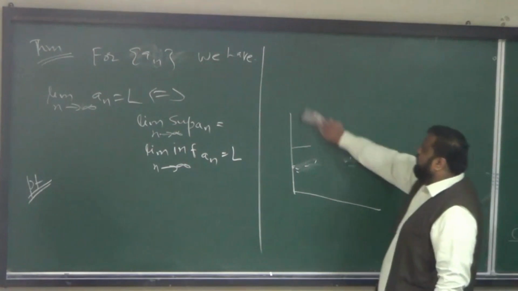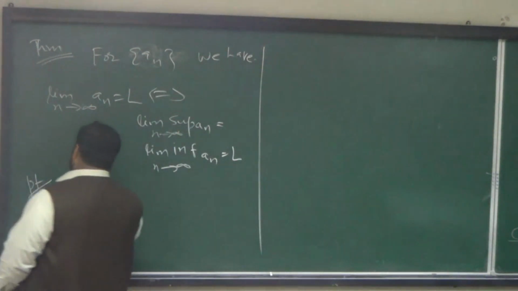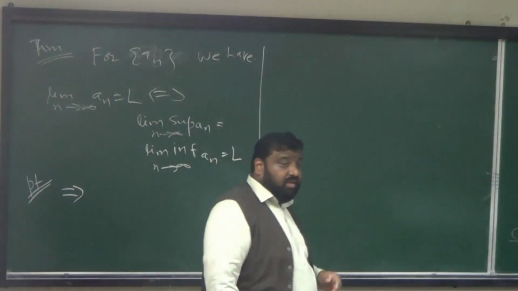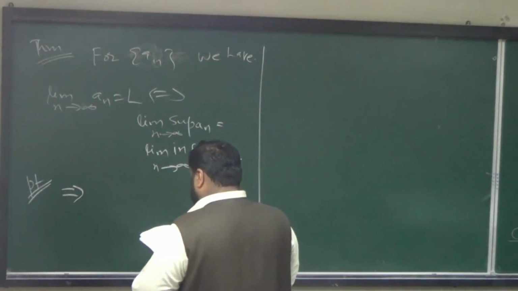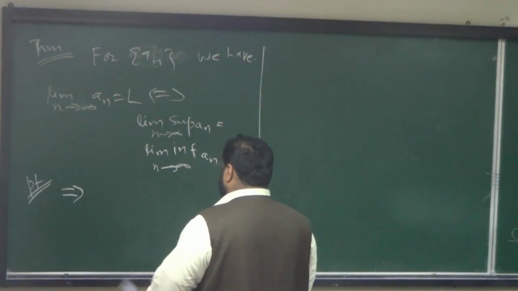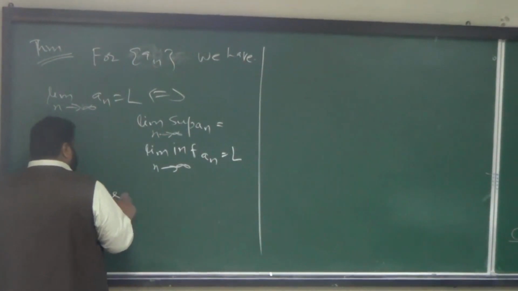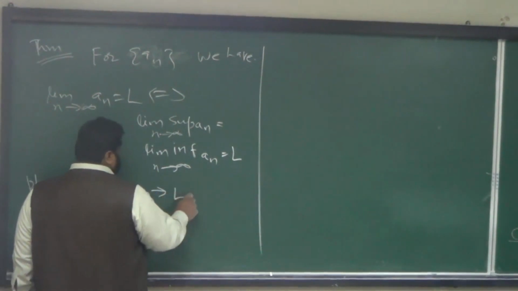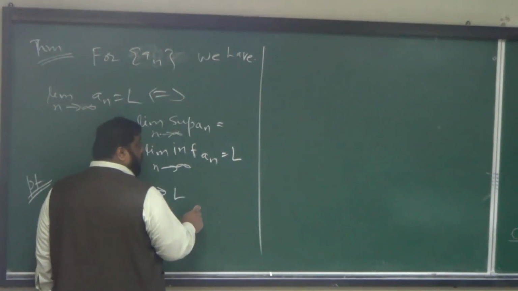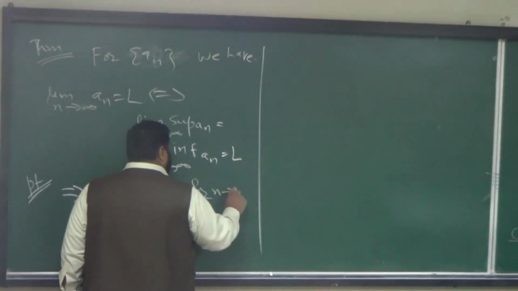So let's assume this part. Let's do this part. Assume that the limit is basically this, so a_n goes to L for n going to infinity.